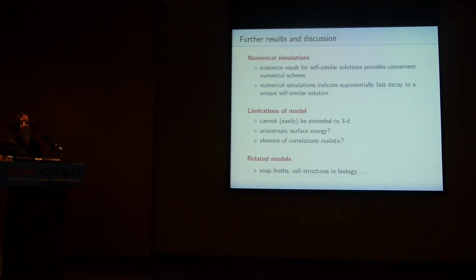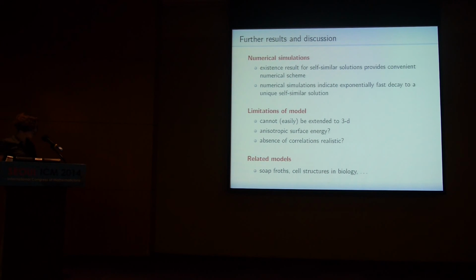So both are really strong assumptions one has to make. Then there's also this assumption by Fradkov, the absence of correlation. And the question is, is that really realistic? In Ostwald ripening, in the dilute regime, this is kind of clear, but here it is not at all clear whether this is a realistic assumption. One can really question that.